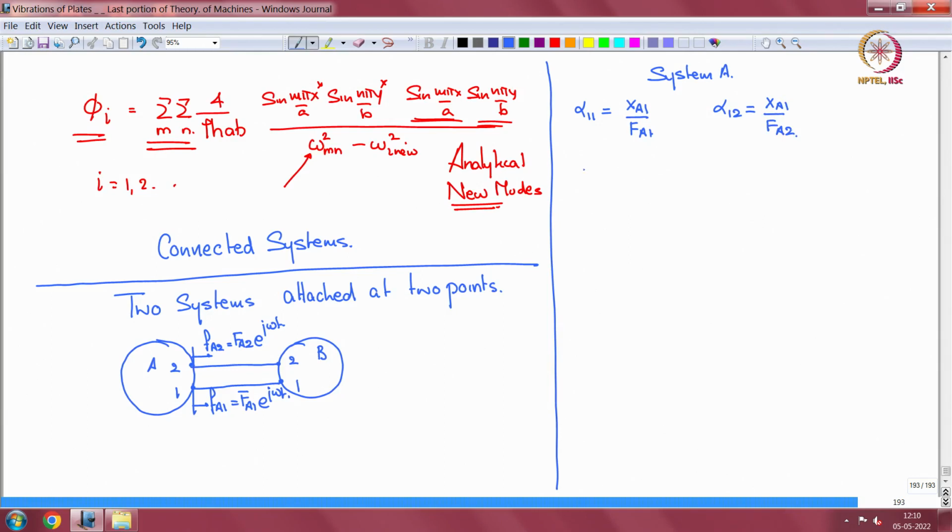And we have alpha 21, which is response at 2 due to a force at 1. Then alpha 22, which is response at 2 by force at 2.